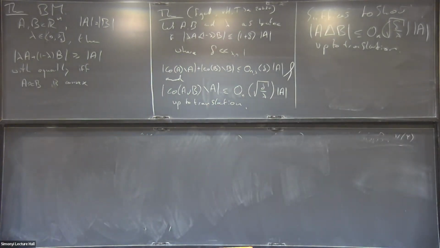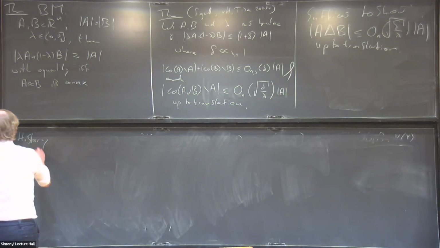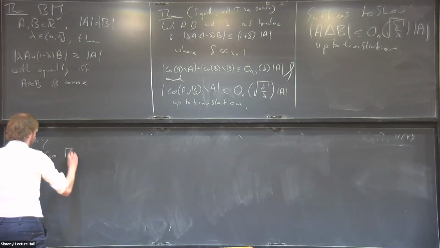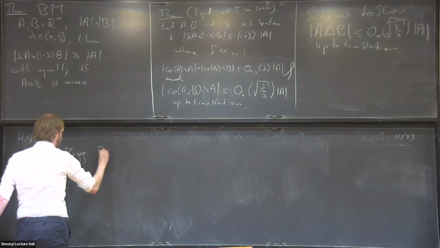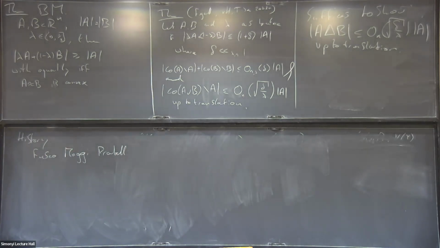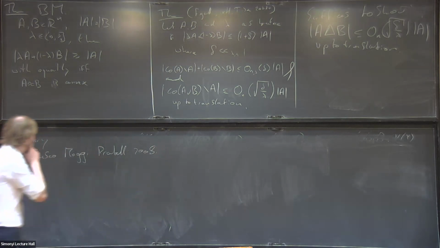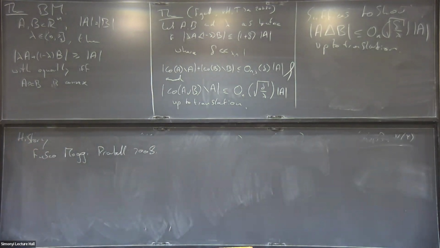So let's see a little bit of history. For this, I'm going to consult my notebook, just to get a sense of what was known over the years. And it starts with Simonyi and Fratelli, 2008, who focused on the isoperimetric inequality.